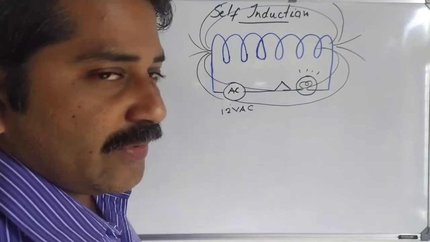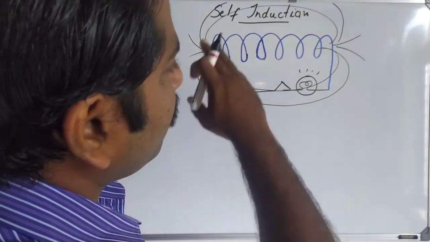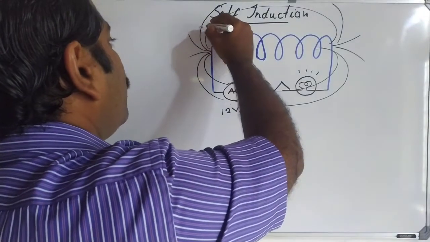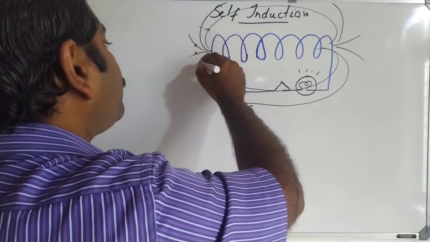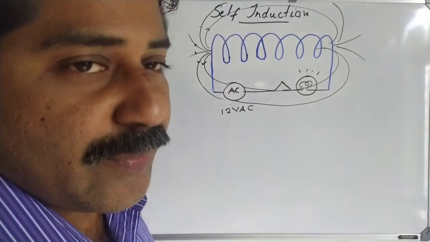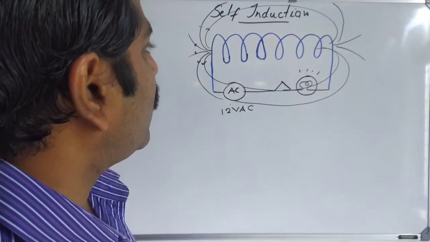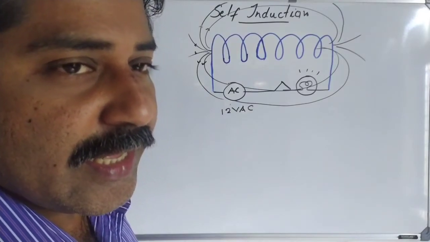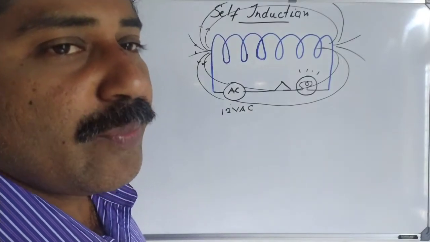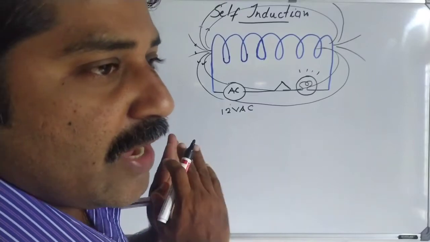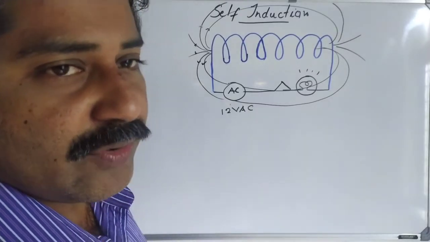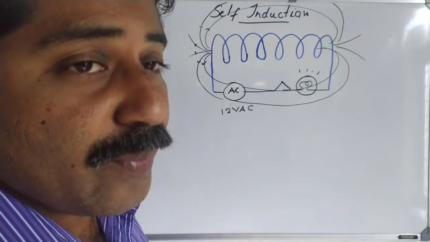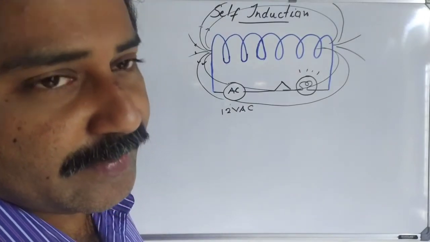In the case of DC, as we discussed, a magnetic field is formed around it. Is that right? But what is the peculiarity of the magnetic field formed in the case of DC? It will be a stable magnetic field and it will have a north pole and a south pole. Now, we have replaced the DC with AC.